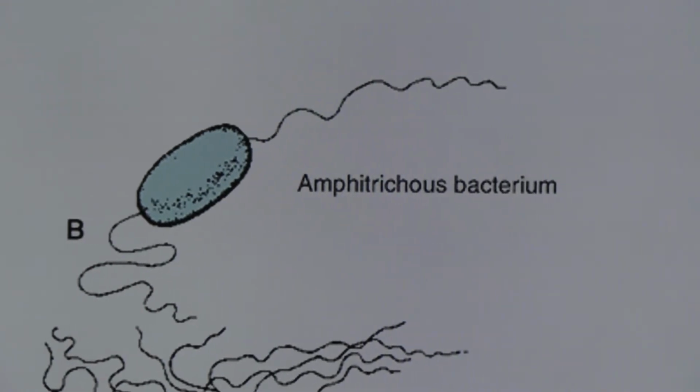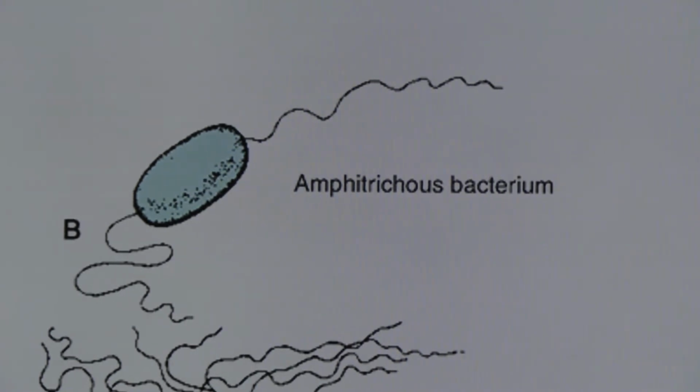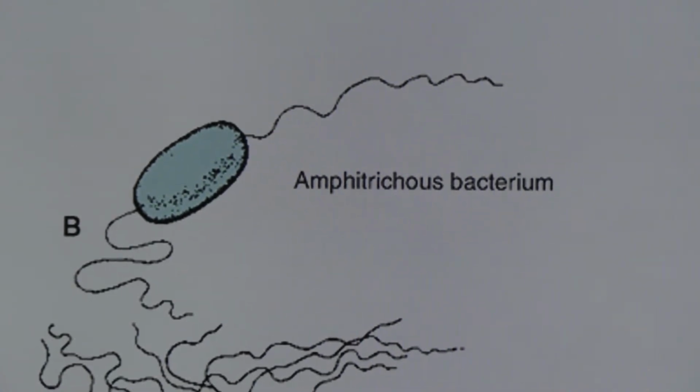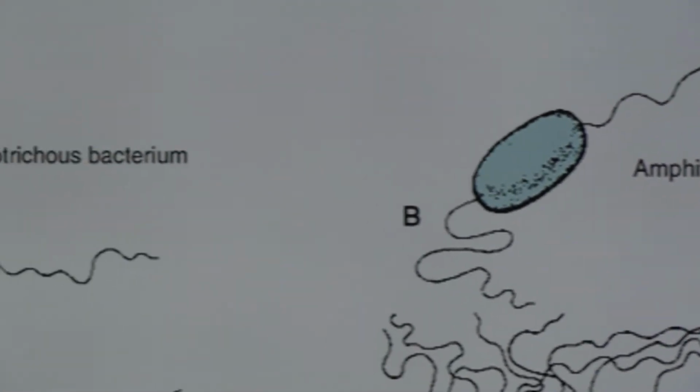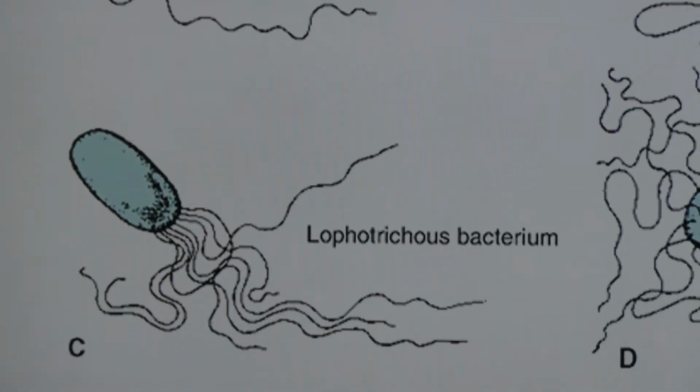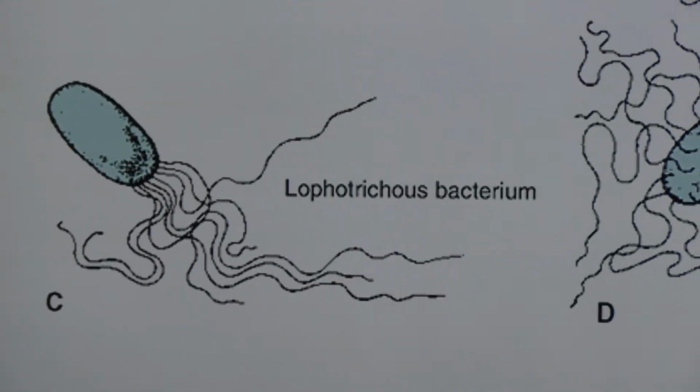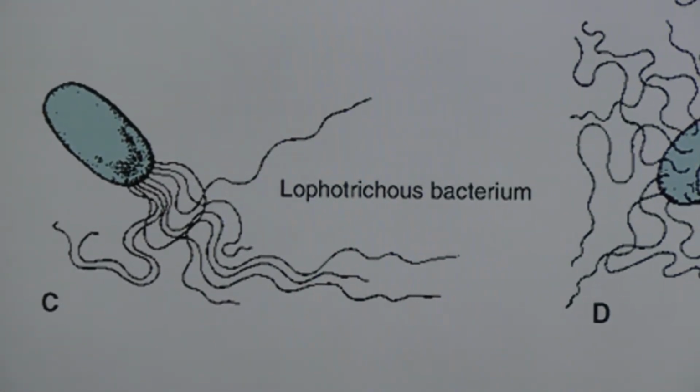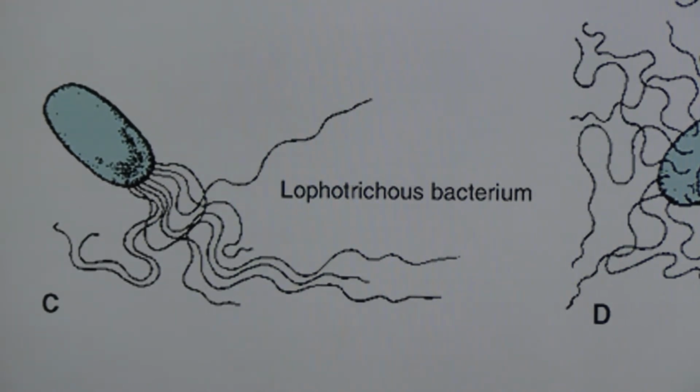And the second one is amphitrichous. Amphi means two. It means there are two flagella located at both ends of the cell. And the third one is lophotrichous. Lopho means bundled, or a tuft of flagella at one pole.